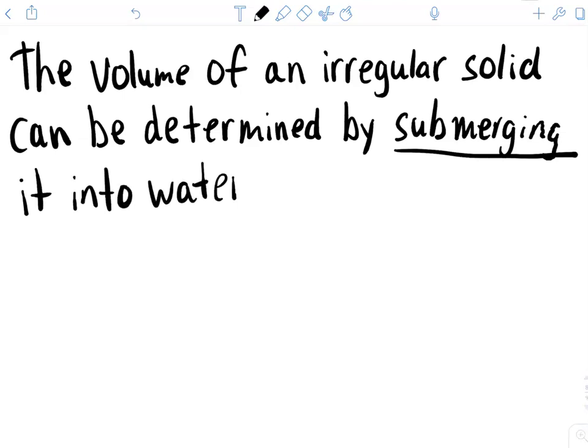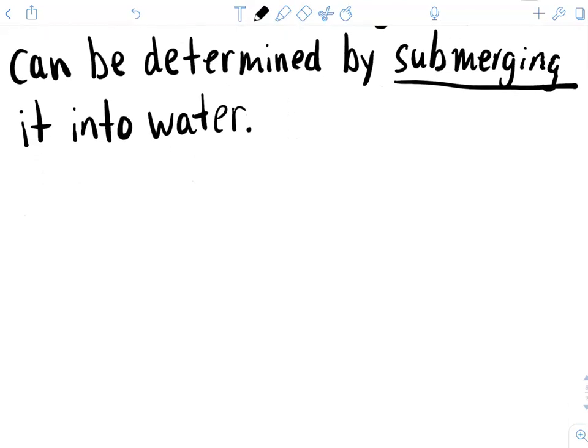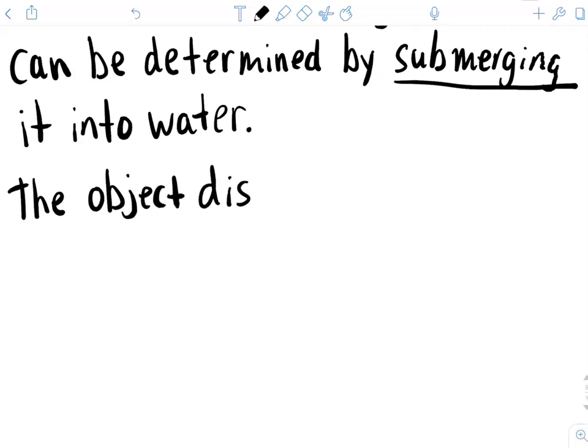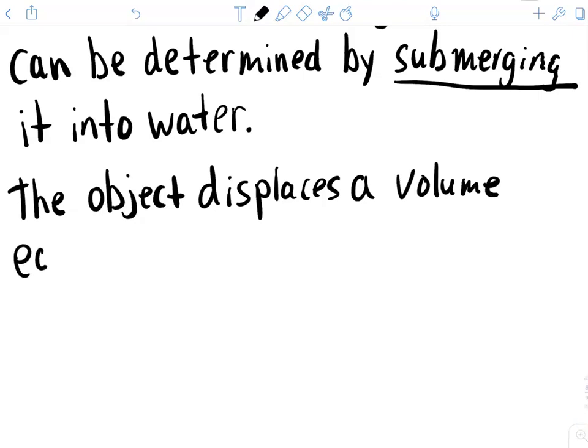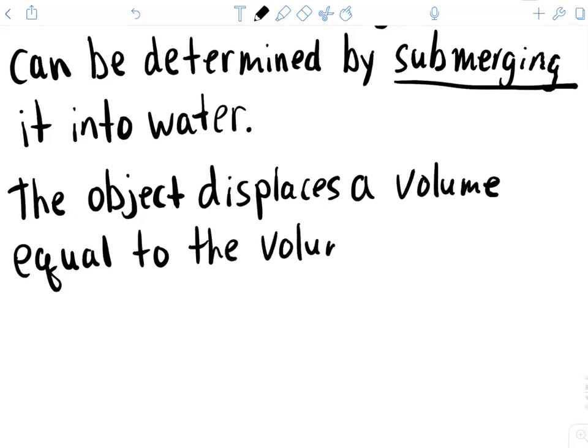So basically we're going to take whatever this irregular solid is, we're going to put it into some water. And what happens is that the object, that irregular solid, displaces a volume equal to the volume of the object.